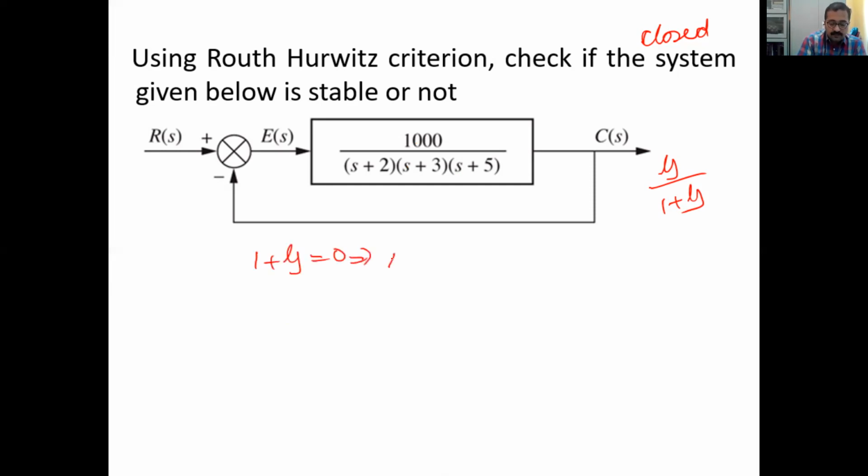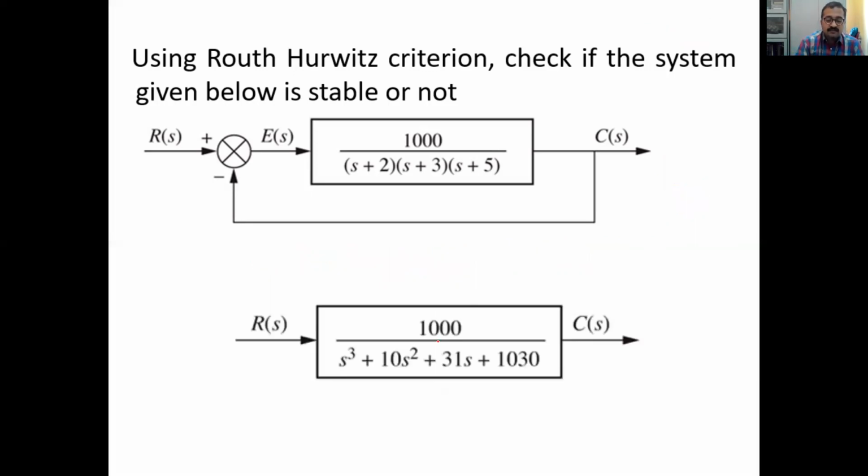That means (s plus 2)(s plus 3)(s plus 5) plus 1000 equal to 0 is my characteristic equation. Simplify this, and you will get the closed loop transfer function as 1000 divided by s cube plus 10s square plus 31s plus 1030. So this is my characteristic polynomial, 1 plus G.